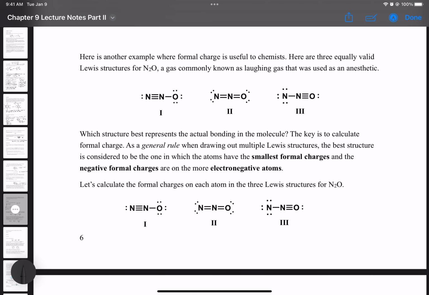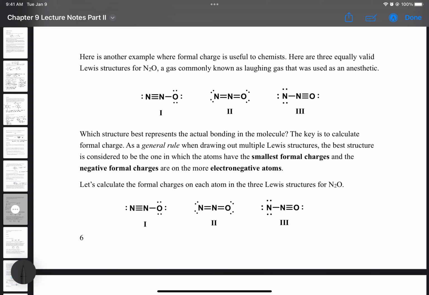And we would like the formal charges to be on appropriate atoms. So for example, a negative formal charge should be on the most electronegative atom because that's the most stable configuration for a negative charge. And then the positive charge should be on the least electronegative atom. So those are pretty much the criteria for formal charges and determining which structure is the best.